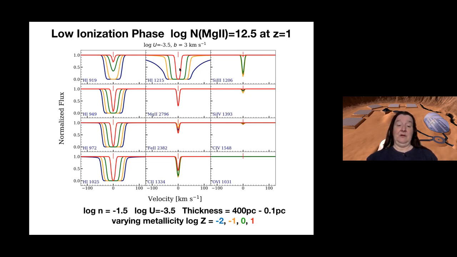And so what we observe the hydrogen lines to look like is definitely going to be very important in determining the metallicity. The thickness is very dependent on the metallicity, with even for the largest, in this case, 400 parsecs, ranging down to 0.1 again.